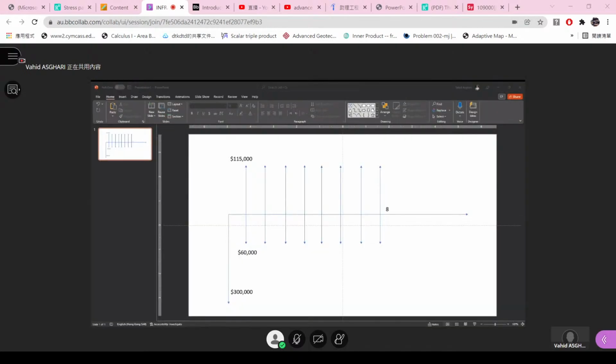There will be some equations to calculate the depreciation amount, and just remember that key rule: the book value shouldn't be less than the salvage value. That's it. And again, let me know if you have any questions.